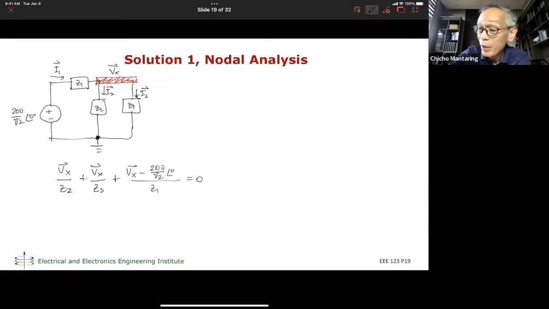In other words, when doing nodal analysis, forget first the directions of the currents. Just use what you know for nodal analysis, because later we will be able to compute I1 knowing V of X. The value of I1 is going to be 200 over the square root of 2 minus V of X over Z1. So if you wanted to make this minus, these two would have to be reversed. Anyway, so this is your nodal equation.